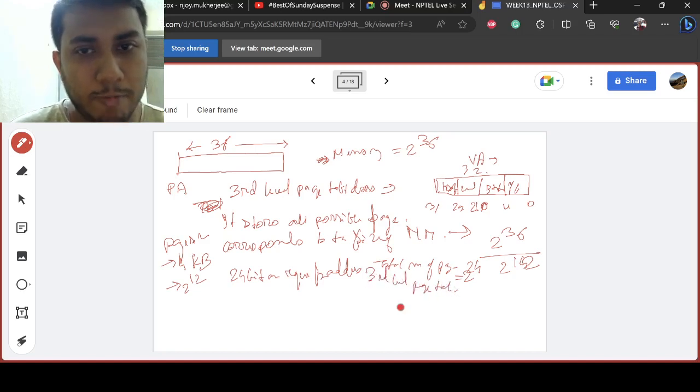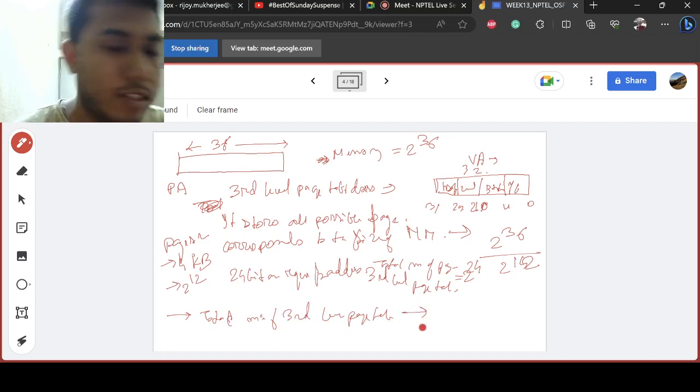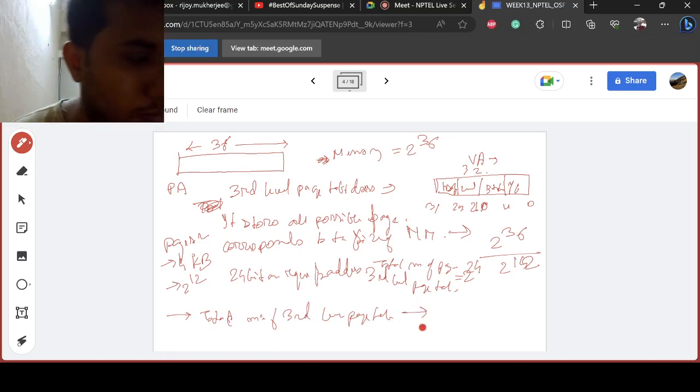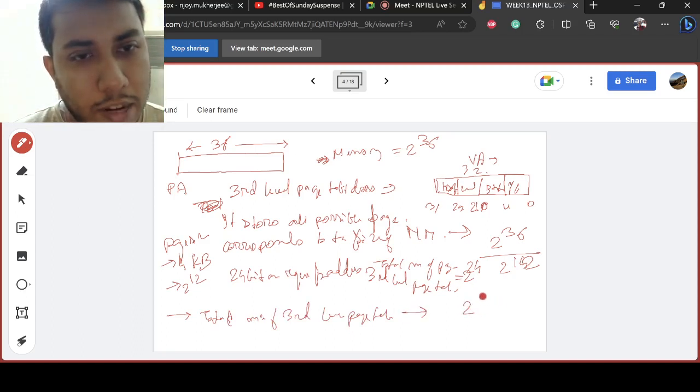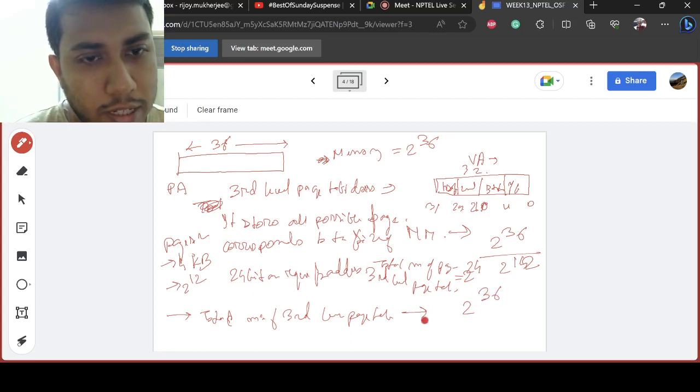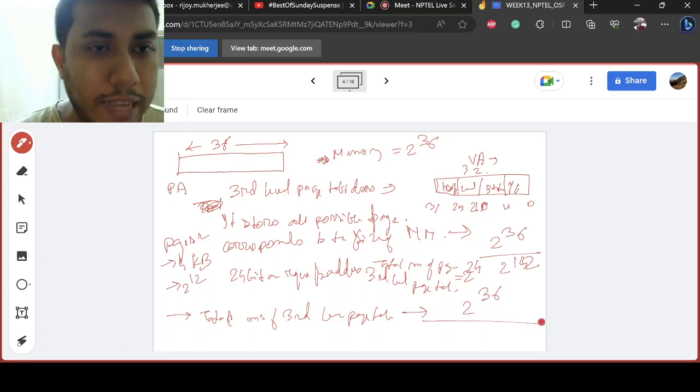Now we need to calculate the total number of third level page tables, which are stored in the main memory at this point of time. So the total number of third level page tables will be 2 to the power 36, that is your total main memory size, divided by the size of each page table.